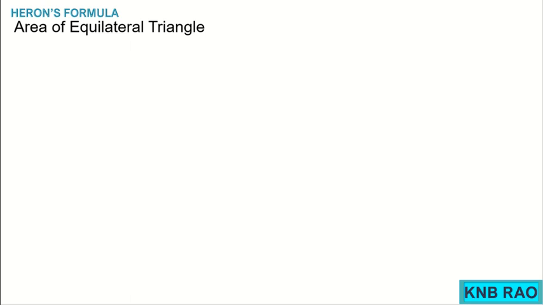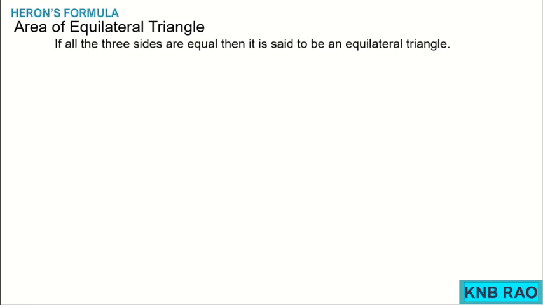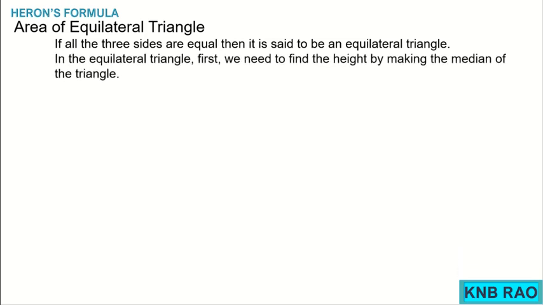Children, you know that an equilateral triangle is a triangle in which all the three sides are equal. Then let us take what would be the area of it. In the equilateral triangle, first we need to find the height by drawing the median of the triangle.